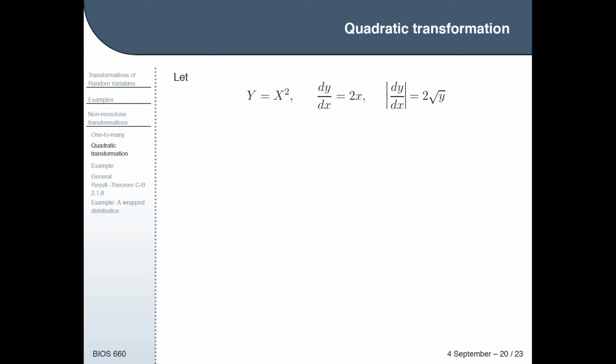And now let's say that we want to find the distribution of y equals x squared. Again, it's not a one-to-one mapping.